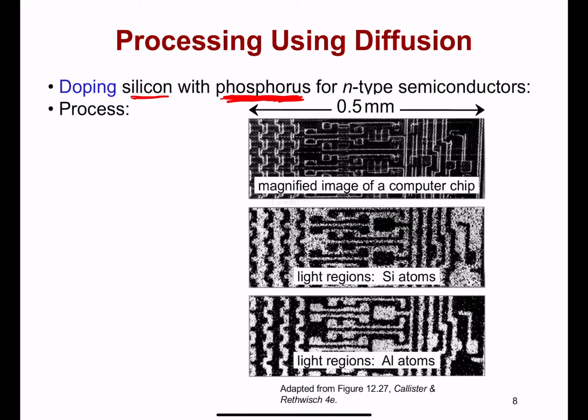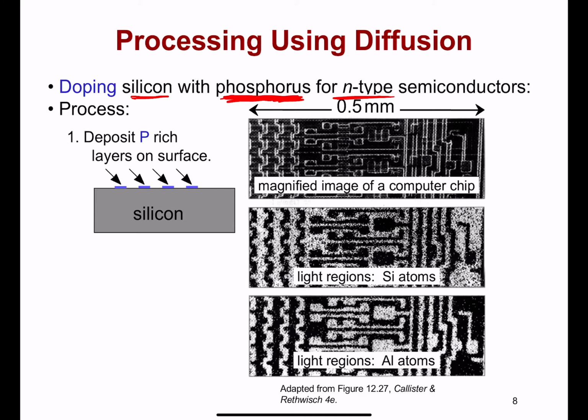So this is what makes, in this case, with phosphorus having more valence electrons per atom than silicon, an N-type semiconductor, if we can infuse phosphorus into the silicon, or dope it with phosphorus.